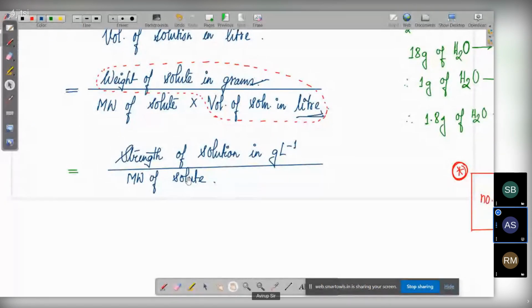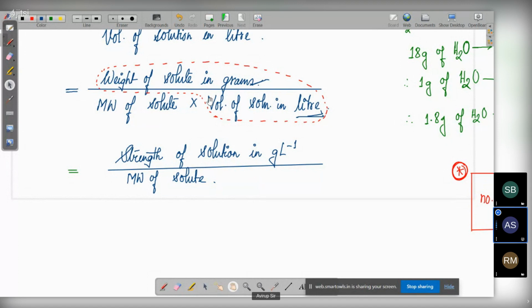See, we have different variations of the formula. Now you might ask me why we have so many formulas. We could have done it with just one. The reason is that which formula we use depends on the data that is given to us. Sometimes they might tell us the weight of solute and the volume of solution, then we apply the second formula. Sometimes they might not tell us the weight of solute.